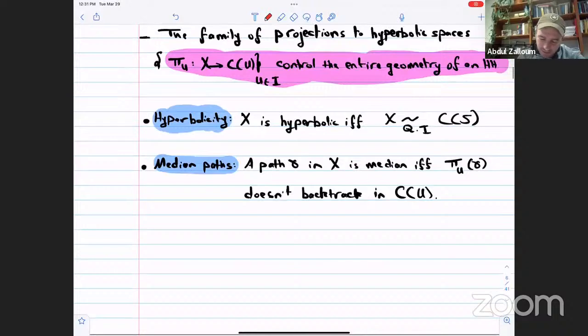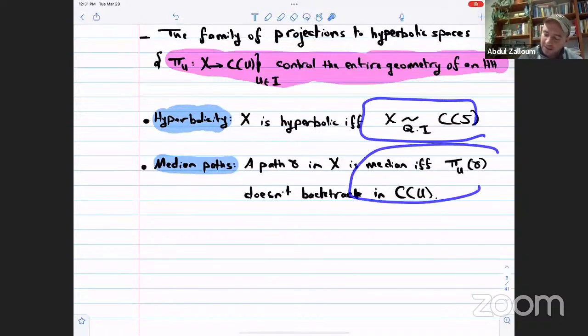The place where it belongs is here. So this slide was saying that everything in HHSs can be described by the family of hyperbolic spaces that come with them.